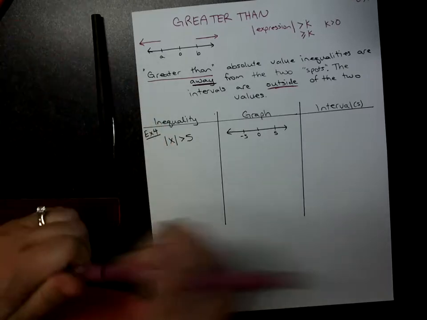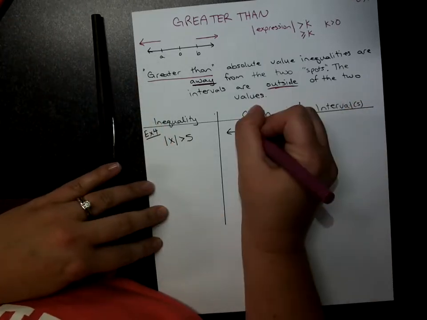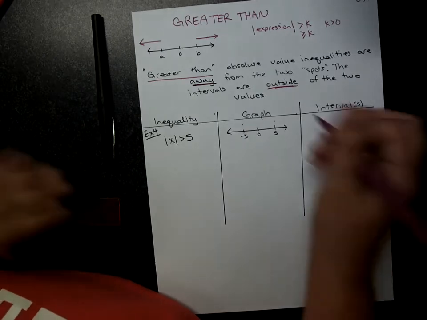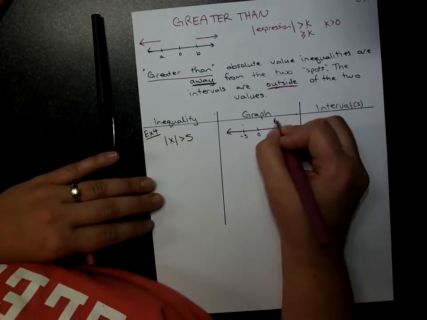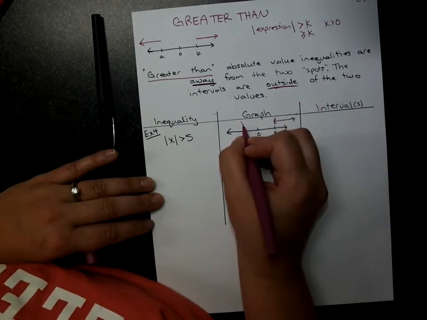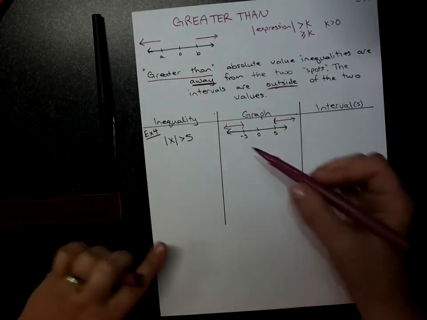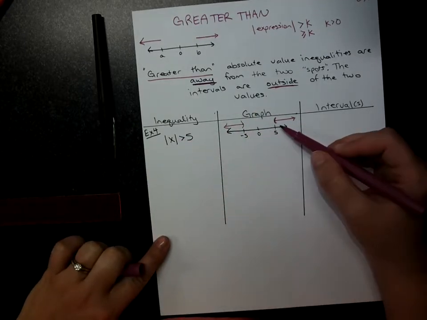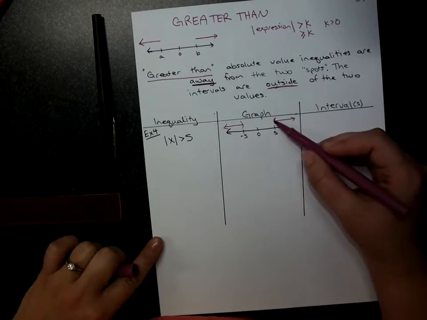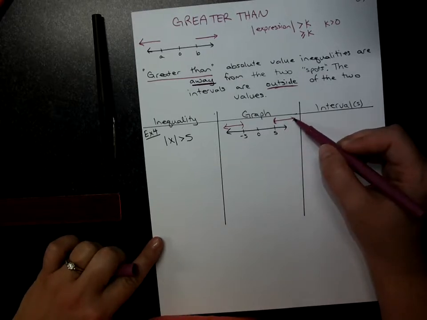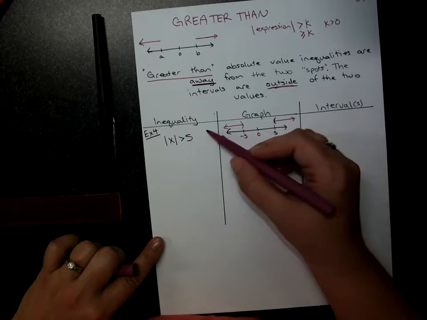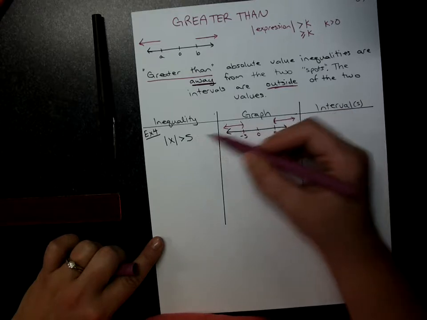But this time, from these 2 spots, we're going to go away, or opposite directions. So we're going to go away from each other. They kind of push out. So if you want your distance to be at least 5 miles from home, you're going to be 5 miles in one direction away or more, 5 miles in the other direction or further away.